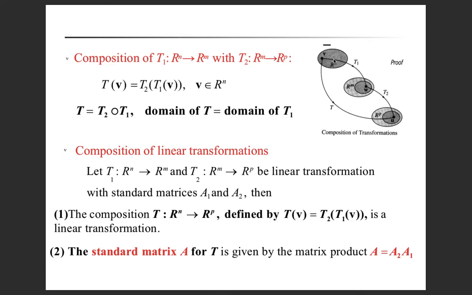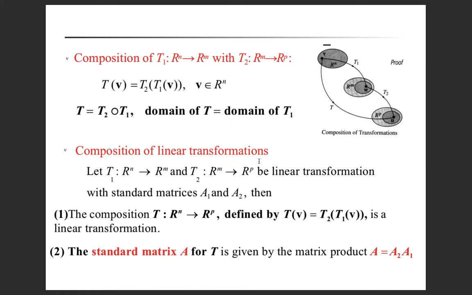Here T1 is a transformation from R^n to R^m and T2 is a transformation from R^m to R^p. Therefore, T is a transformation from R^n to R^p. So we can write T equal to T2 of T1, and the domain of T is equal to the domain of T1. See, the domain of T is R^n and the domain of T1 is also R^n, so they are the same.